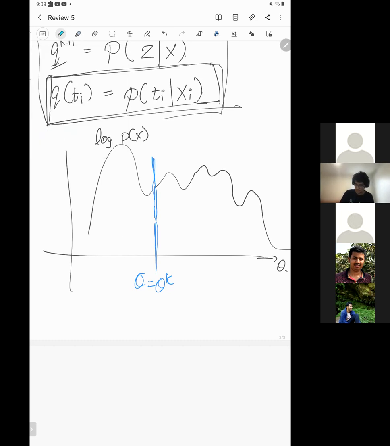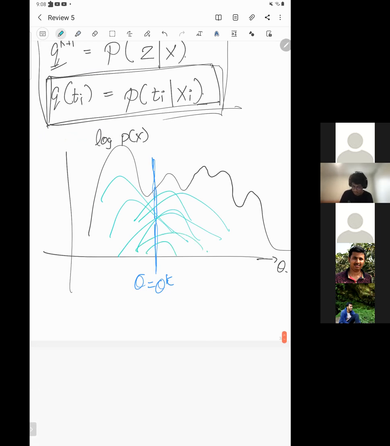With this, we tried a bunch of different lower bounds. All of these are distributions, and I'm always ensuring this blue curve is below the black curve because it's a lower bound. Out of all of these curves, we need to choose the one that's maximum at that particular theta. So our curve would be something like this.